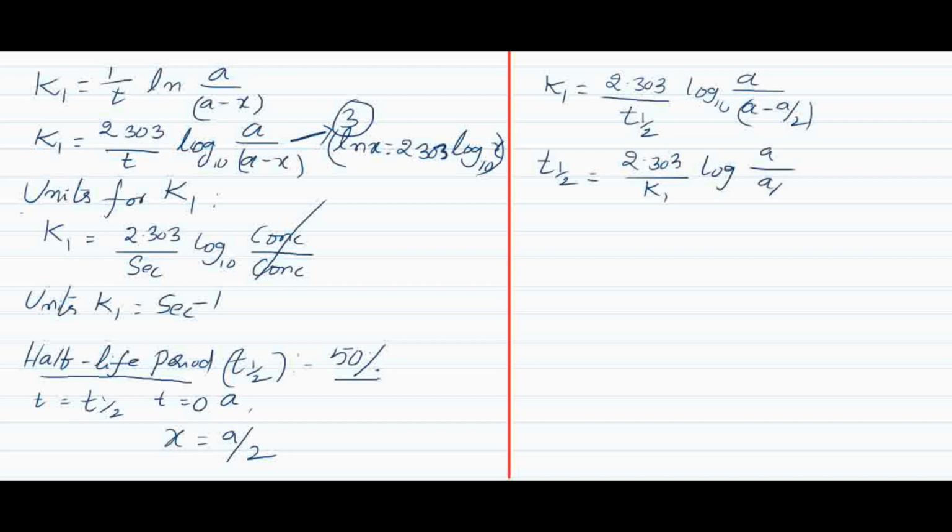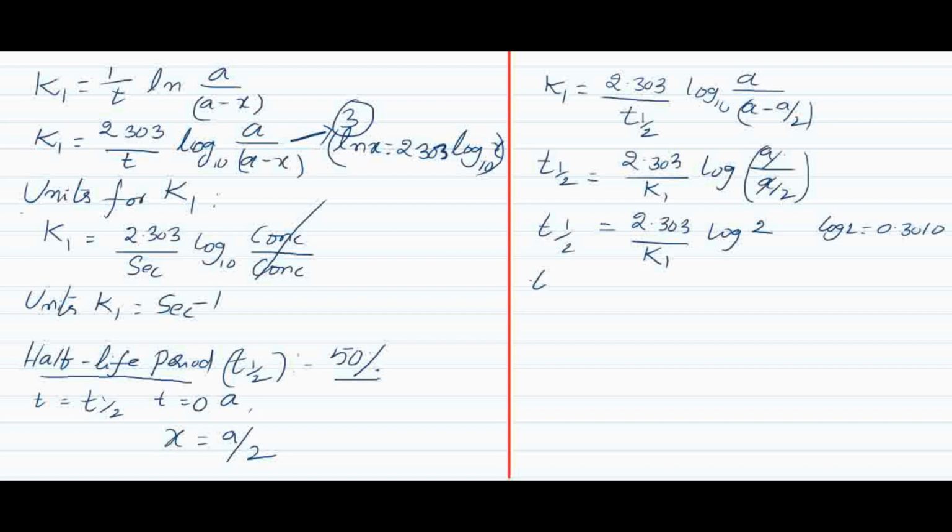So that is a by 2. Now t half equals 2.303 by k1, the a and a cancel, and log 2. Now the log 2 value is 0.3010.